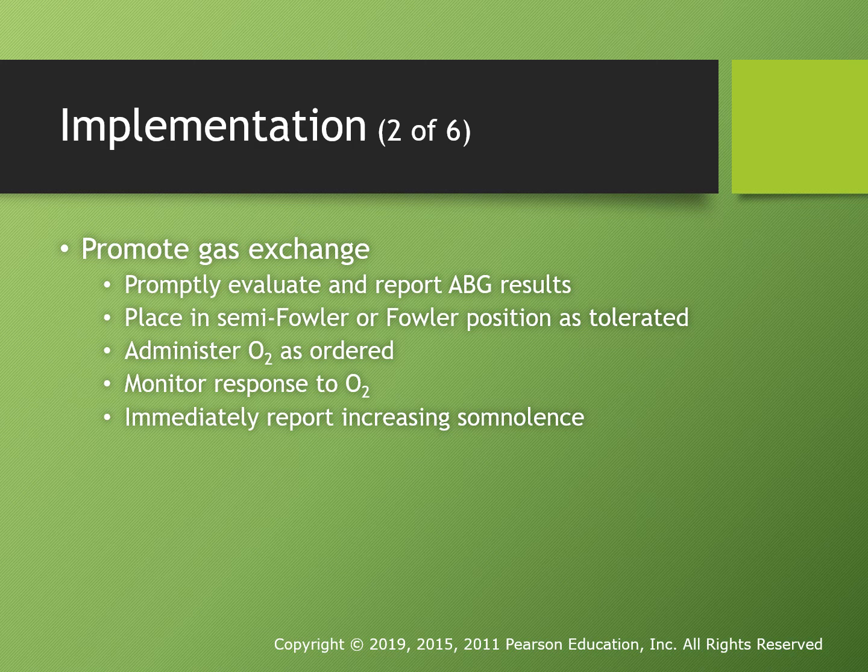Promptly evaluate and report ABG results to the physician and respiratory therapist. Rapid changes in carbon dioxide or oxygen levels may necessitate modification of the treatment plan to prevent complications of overcorrection of respiratory acidosis. Place in semi-Fowler to Fowler position as tolerated.